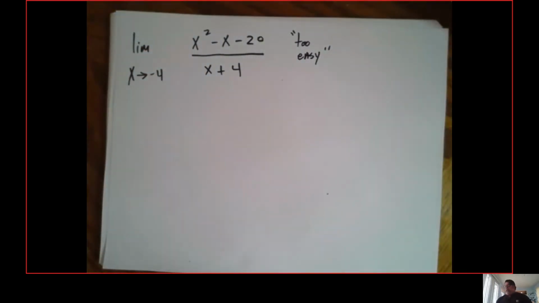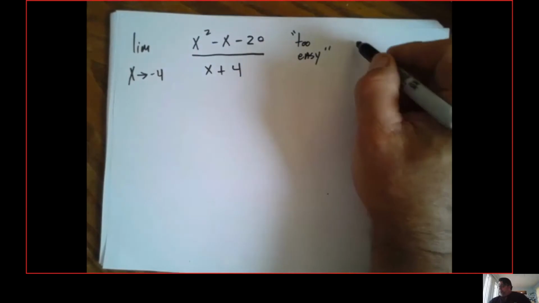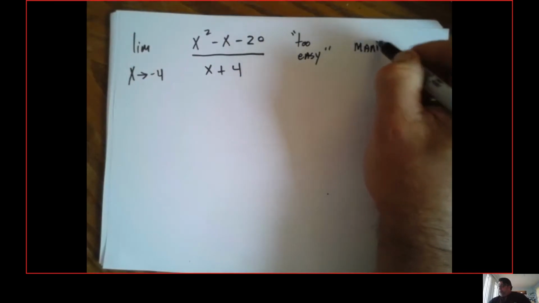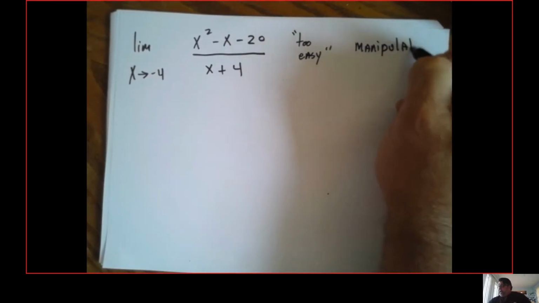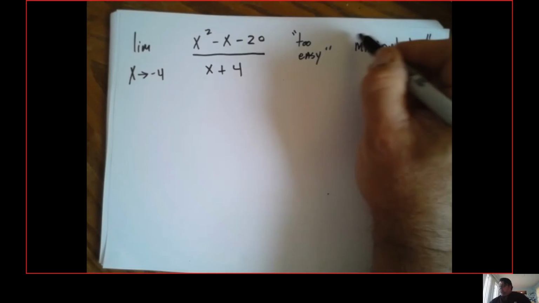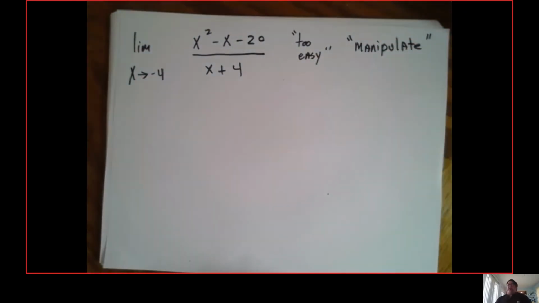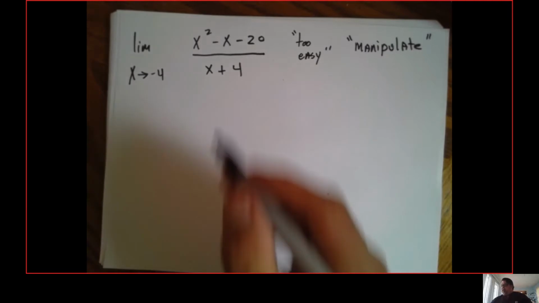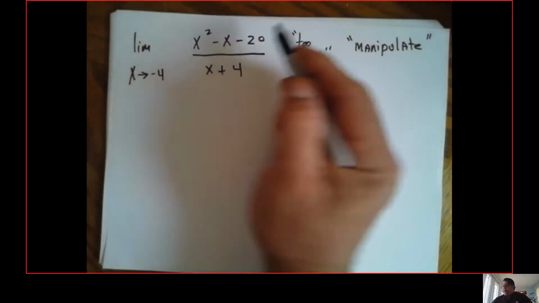In other words, I plug in -4, I get, oh, that's an undefined function, I'm done. No. That means if it's too easy, usually you're going to have to manipulate. You either manipulate by factoring, rationalizing, or whatever kind of manipulation you can manipulate. Multiply by -1 on top and -1 on bottom. You got to do something. So in this one, we're going to factor because you got a reverse FOIL up top.